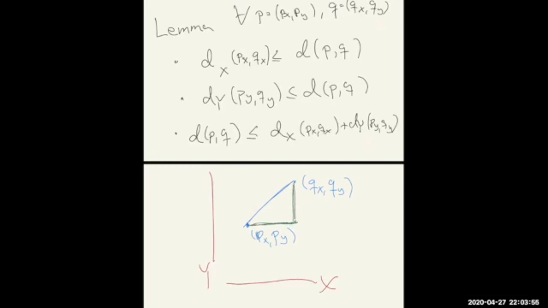So the first inequality here is just saying that the x projection is less than the hypotenuse. Kind of obvious geometrically. The same for the y component. While x and y are here symmetric, you could switch the order of components. And the other one is essentially a form of triangle inequality, that the distance of the hypotenuse is at most the distance in x plus the distance in y.